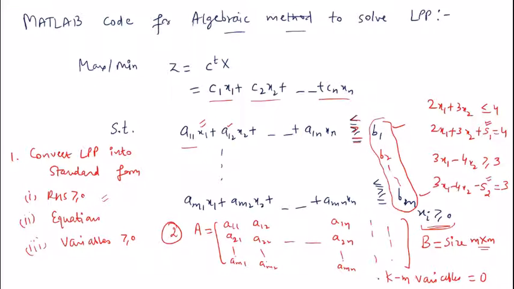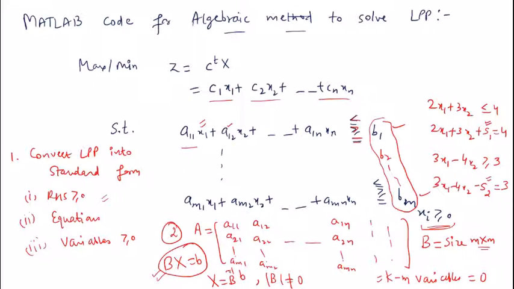Once you substitute that many variables equal to 0, we get a square matrix which can be solved, because the system after that looks like Bx equals b, which can be solved as x equals B inverse b, provided the determinant of B is non-zero. B inverse should exist. So that's the meaning of finding a basic feasible solution. Now there are plenty of basic feasible solutions possible.